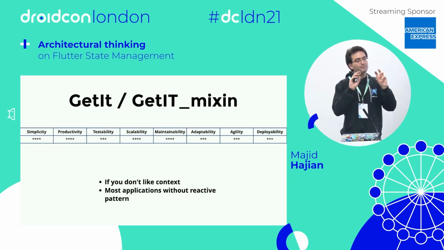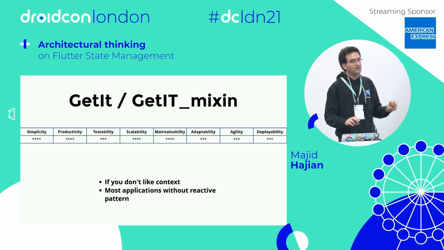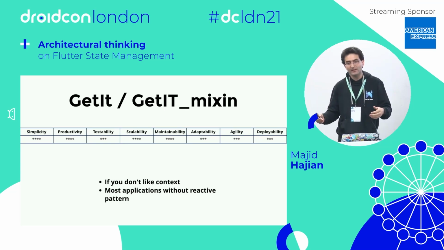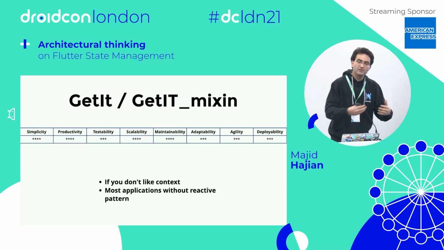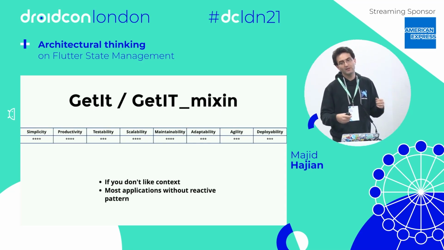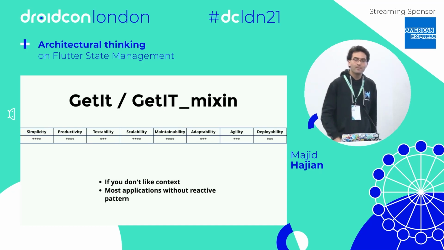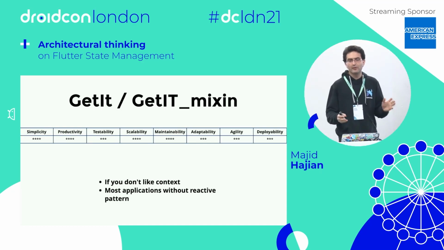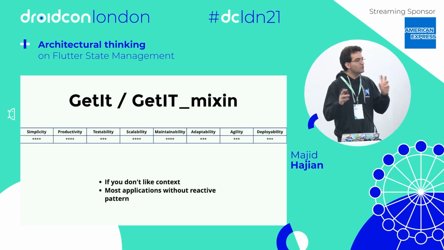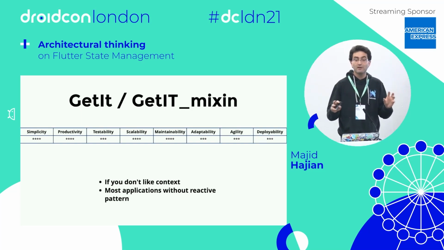But Thomas, the creator of GetIt, has created another package called GetIt Mixin, which is actually bringing the state management solution to GetIt. So together, it makes a perfect, probably a perfect state management. It's very simple, because it removes a lot of barriers of learning. Like you don't need to understand build context, for example, for dependency injection and things like that.